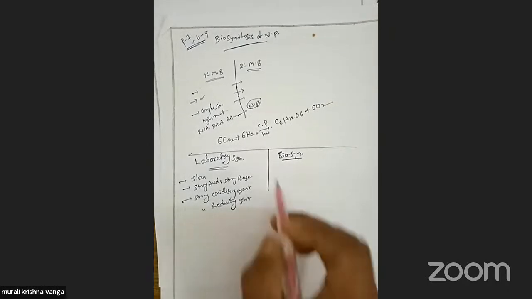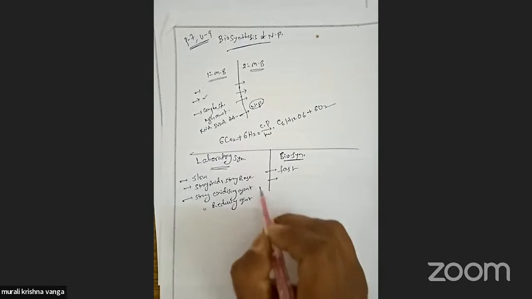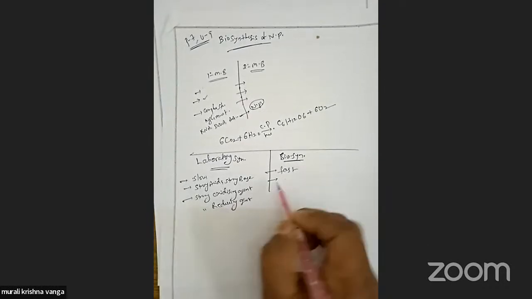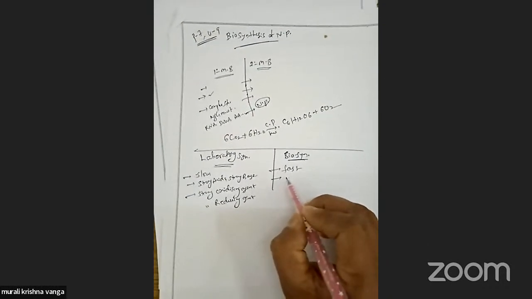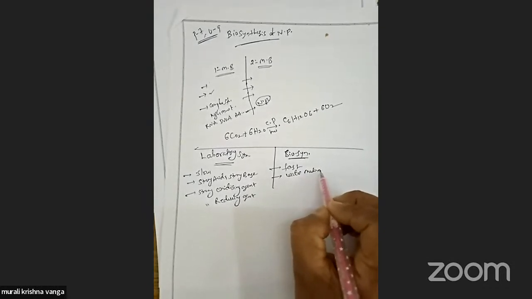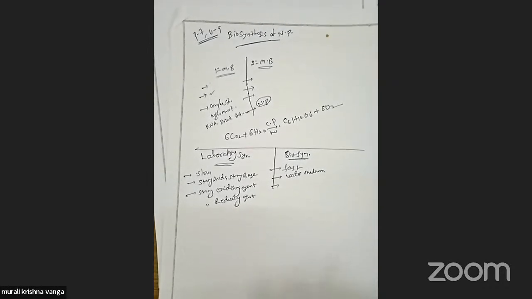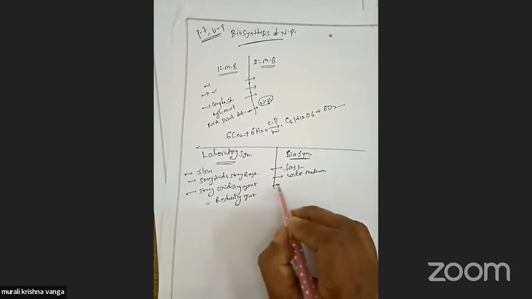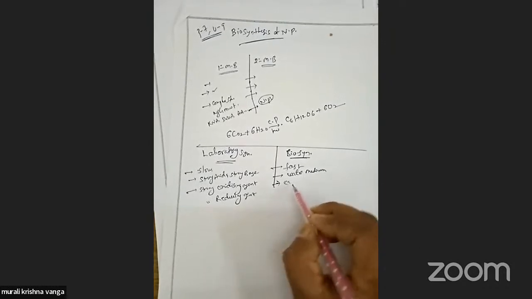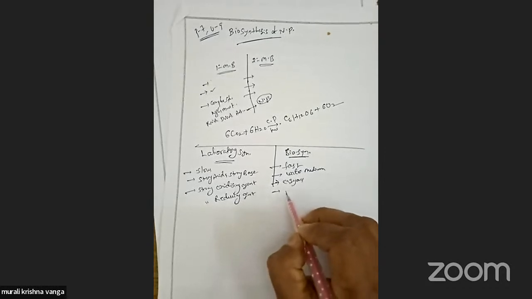In biosynthesis, these are fast reactions. All the reactions occur in water medium, are catalyzed by enzymes, and occur at body pH.